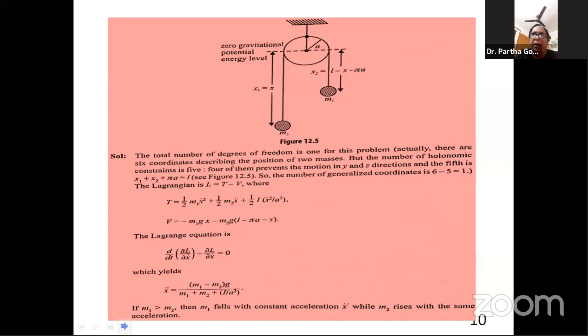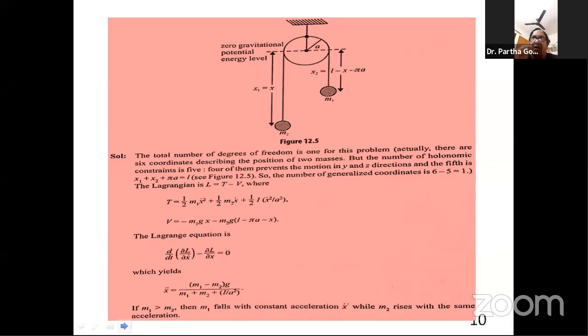And in the 9th slide, go to the 9th slide, please. I have just written that down. There is an Atwood's machine shown in the figure which comprises two masses M1 and M2 connected by a string of length L which is passing over a pulley of radius a, and the pulley is not massless.